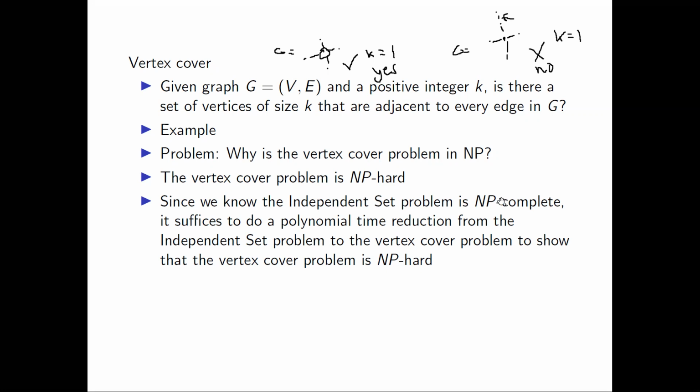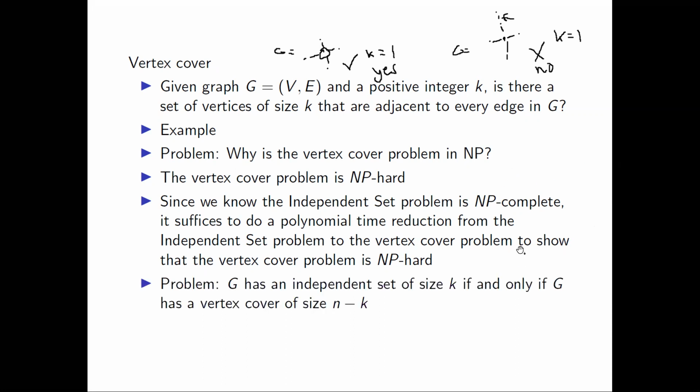And this reduction is going to be even simpler than the reduction that we did for the clique problem. In this reduction, we don't even need to change the graph. We use the same graph.